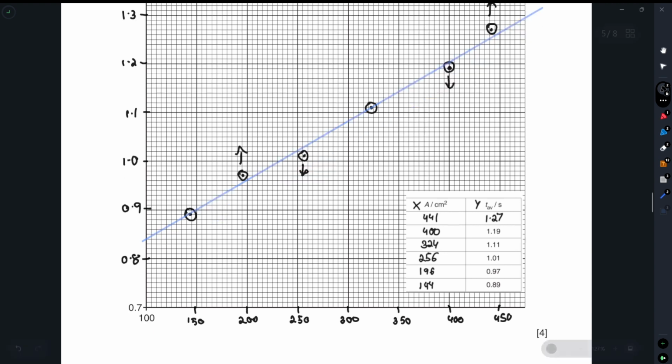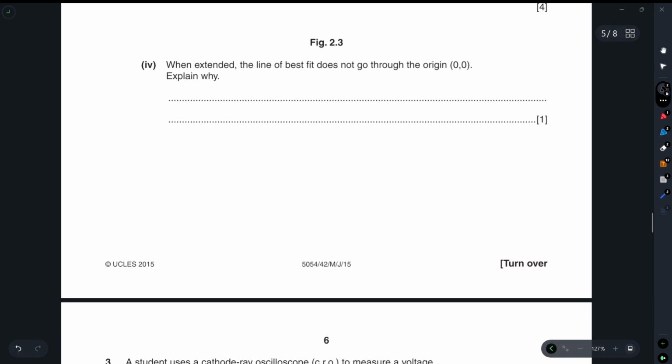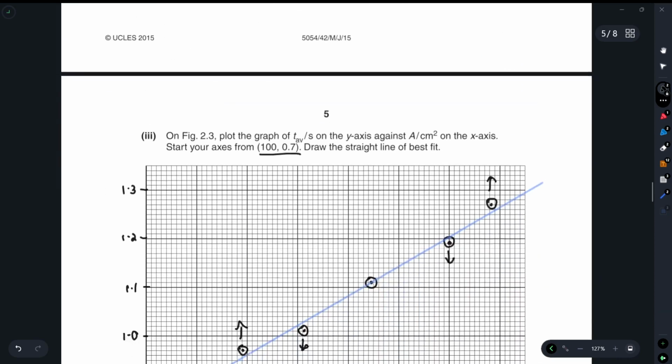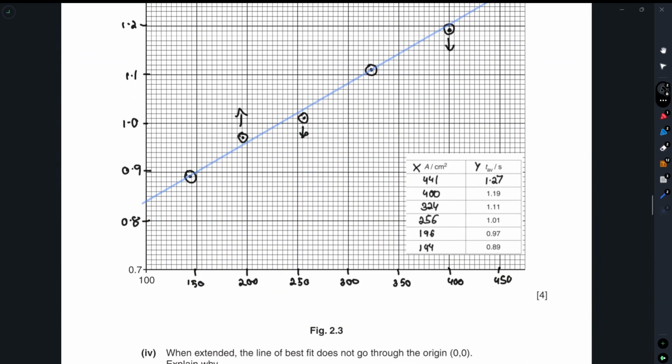So let's move on. Why, when the extended line of best fit does not go through the origin? इससे पहले कोई सवाल है नहीं है. ऑरिजिन से पास करने का मतलब क्या है कि जब आपका एरिया ज़ीरो होगा आपका टाइम भी ज़ीरो होगा. मतलब जिस भी हाइट से आप इसको रिलीज़ करोगे वो इंस्टेंटेनियसली ज़मीन पर आके गिरेगा.